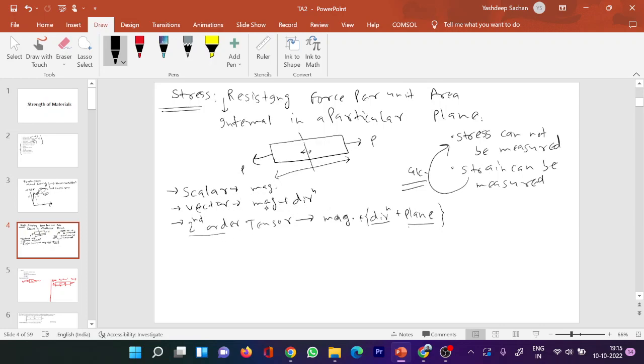A vector needs only direction apart from magnitude: first order tensor. A scalar needs nothing apart from magnitude: zero order tensor.